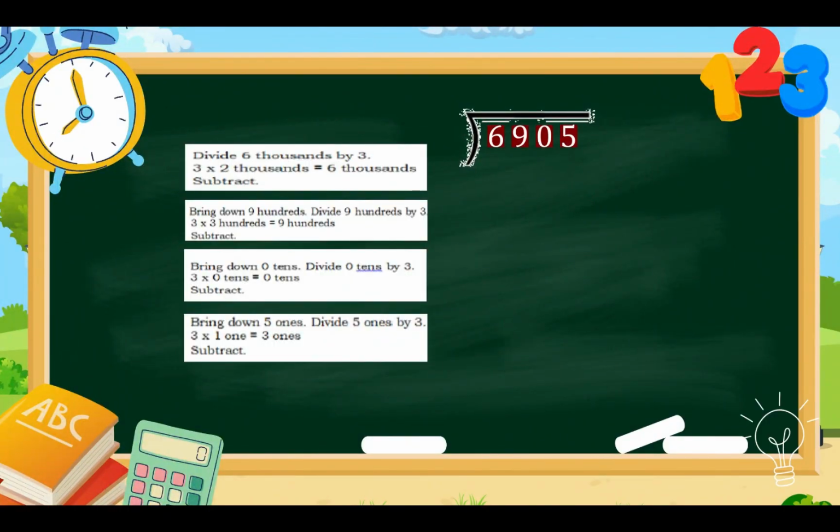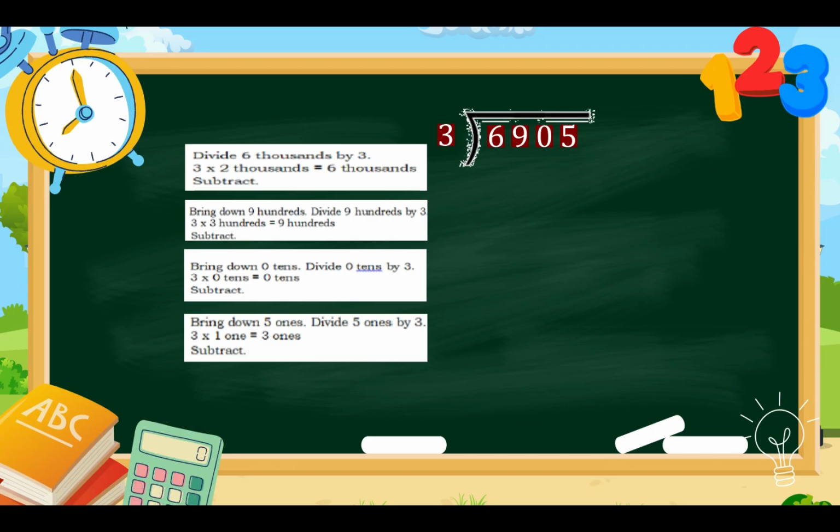Now let's try once again the number that we divided earlier. Now this time let's use long division. So 6,905 divided by 3. So let's start with the highest place value, 6,000.